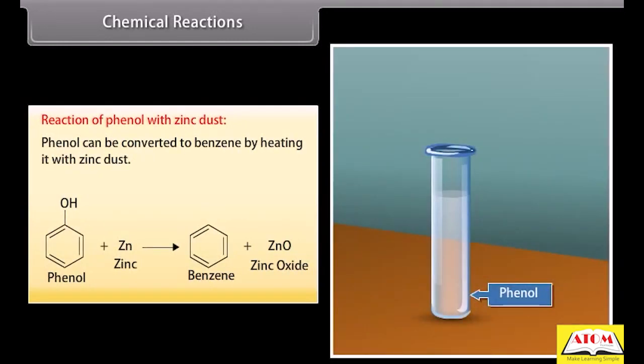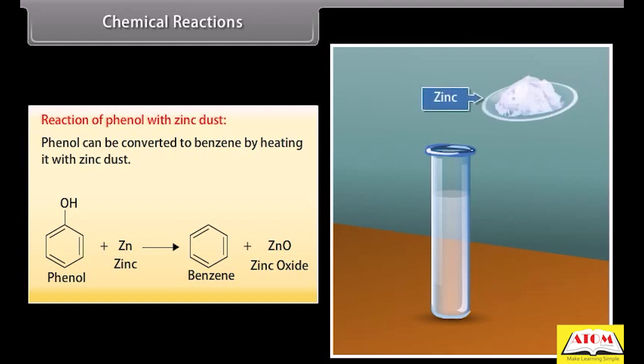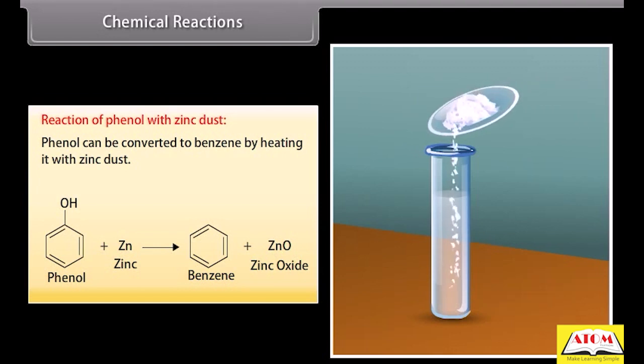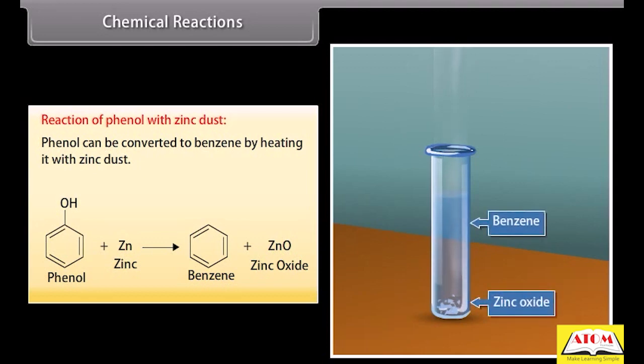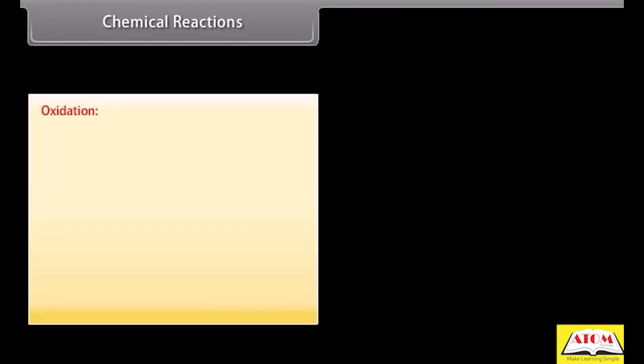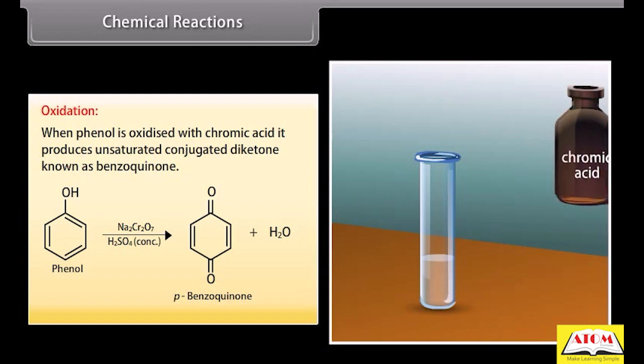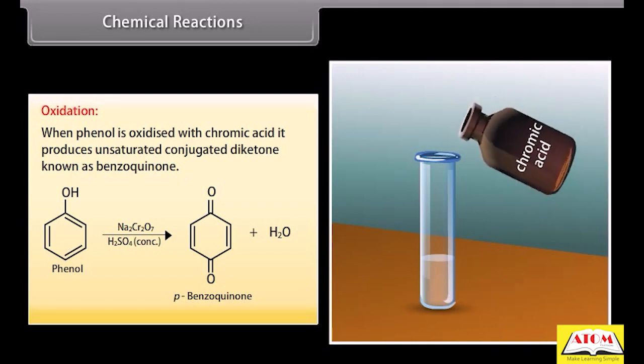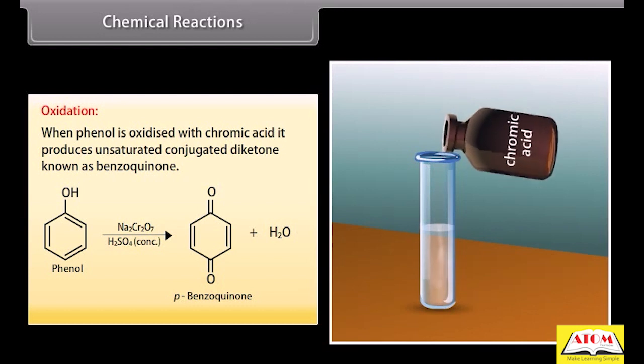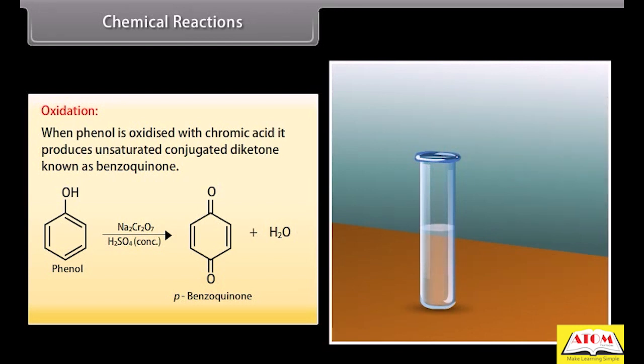Phenol can be converted to benzene by heating it with zinc dust. Oxidation. When phenol is oxidized with chromic acid, it produces an unsaturated conjugated dione known as benzoquinone.